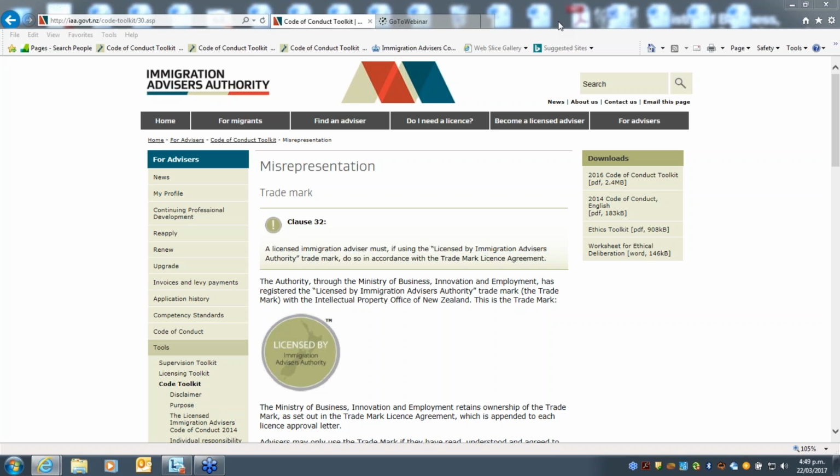Okay. Does the advisor still need to deposit all the third-party fees, such as Immigration New Zealand fees, into the client trust account, or can it be deposited directly into the company's operational account since they are not service fees for the advisor? If it's taken in advance of you paying it to Immigration New Zealand, then it needs to go into the client account.